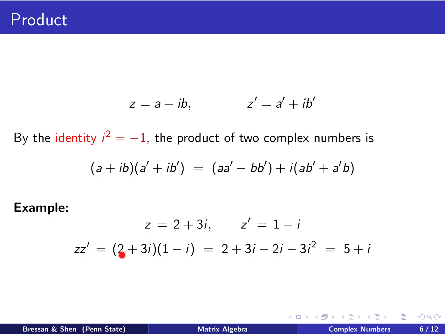Then I will multiply this by the negative i, so I will get negative 2i from here, and then here I will have negative 3i squared. And then i squared is negative 1, so this becomes positive 3, and joined together with the 2, I get 5 as my real part, and the imaginary part will be 3 minus 2, and that is i.